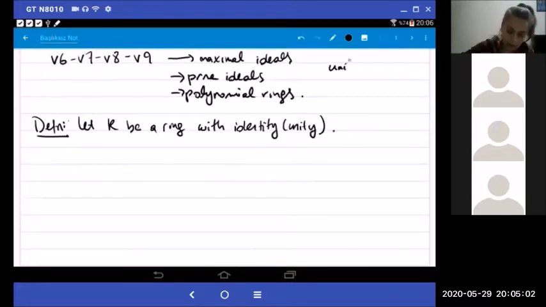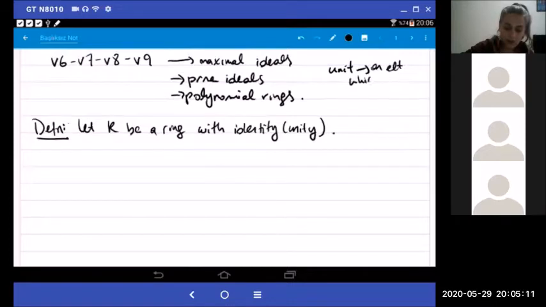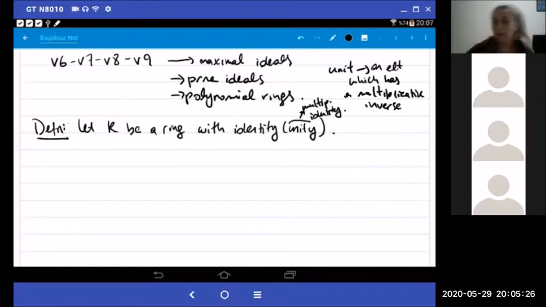Unit is an invertible element, an element which has a multiplicative inverse. Unity means the multiplicative identity. Maybe you follow some other books, so you can see this word also for the multiplicative identity.